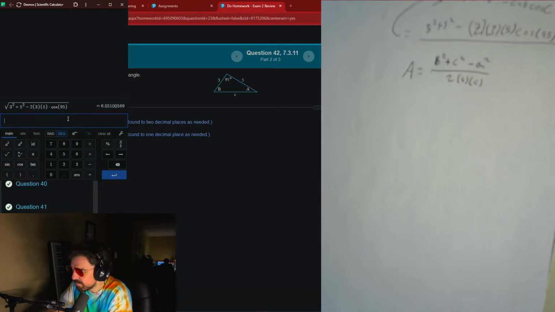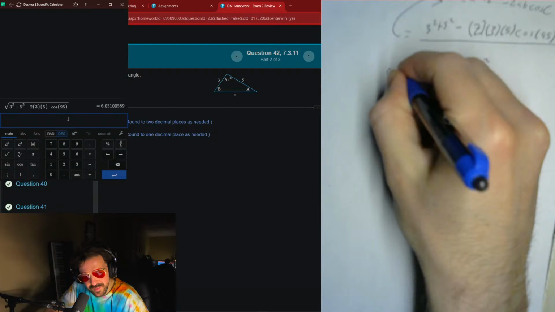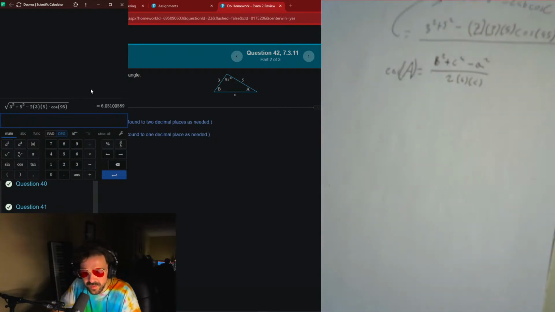So got, and this is cosine. Yeah, okay. So at the end we're gonna do an inverse cosine of whatever we get, right? Pretty sure. Oh well. A is 3. Okay. So we got 5 times 6.05.